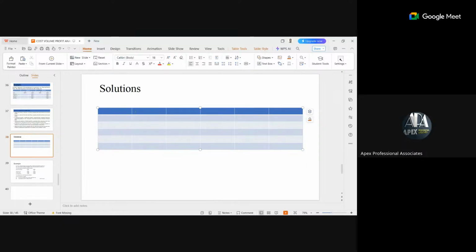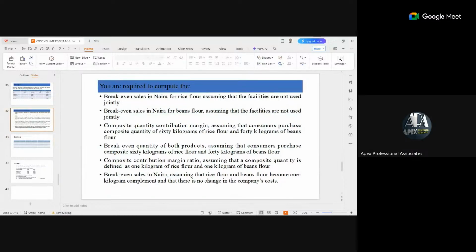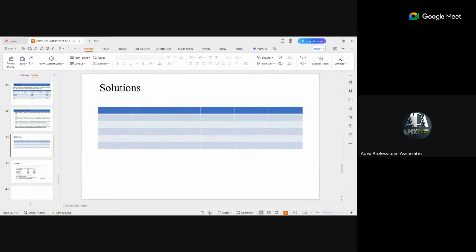So, yes, solution. Requirement one, that we should determine the break-even sales in Naira for rice flour, assuming that the facilities are not used jointly. So, requirement one.